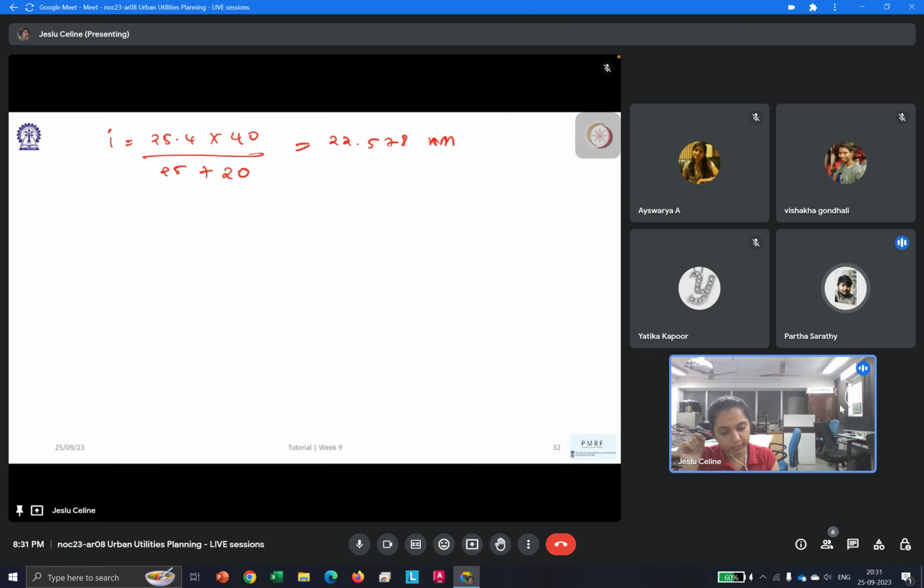I was just looking whether that hour is getting cancelled somewhere, but no, it is not there. The intensity is just in millimeters. This is something you need to keep in mind. When you're measuring rainfall intensity, even though you want to find the discharge or the volume, the unit of measuring rainfall is always millimeter, or height is used in order to measure rainfall.